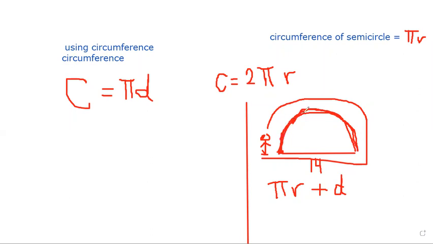Semicircle. And to go back to the point, you have to add what? The diameter.